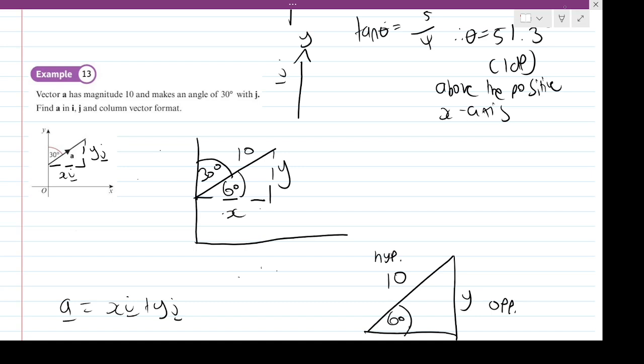And then therefore an angle of 30 would be there, which we can see there. It makes 30 degrees with the j vector or the y-axis. They're effectively the same thing. So I thought I'd just go over that. That's what that means. An angle of 30 with j means 30 degrees effectively with the y-axis, okay? Right, okay.